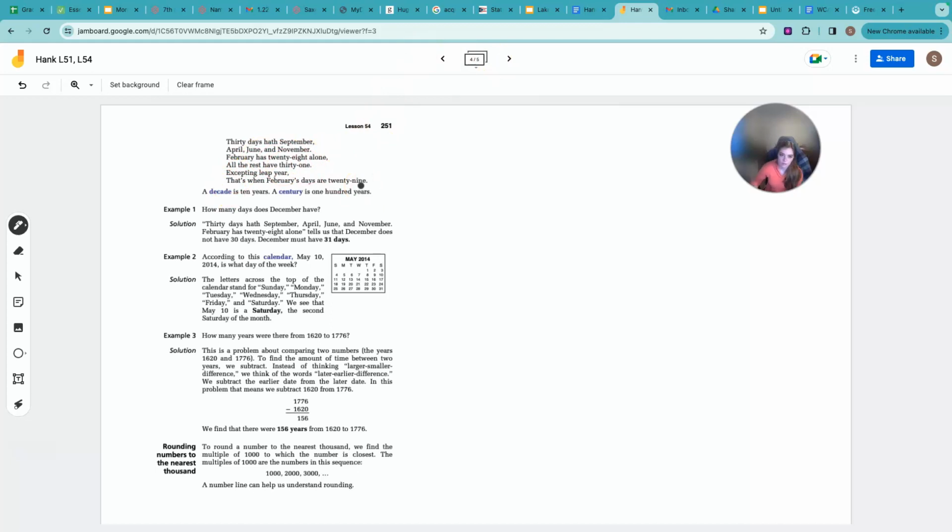February has 28 alone. All the rest have 31, except leap year. That's when February's days are 29. So the only months that have 30 days are September, April, June, and November.